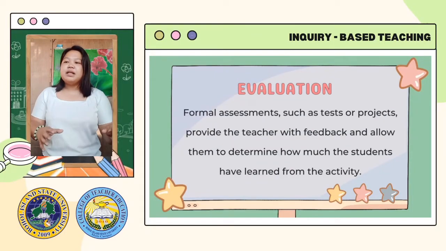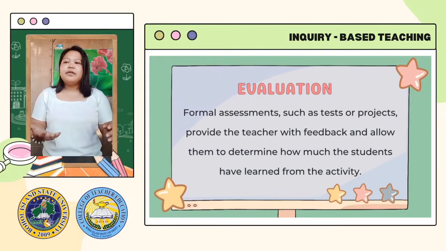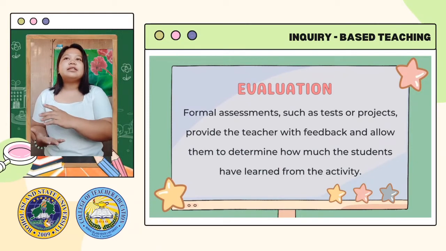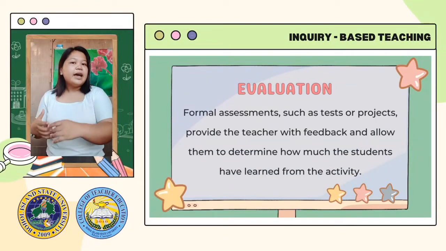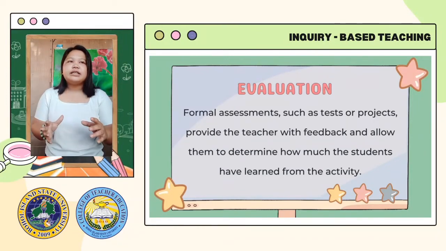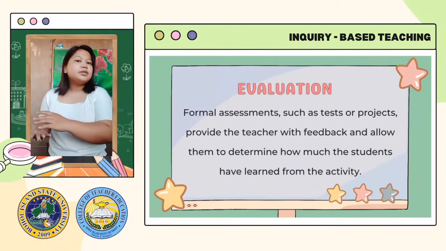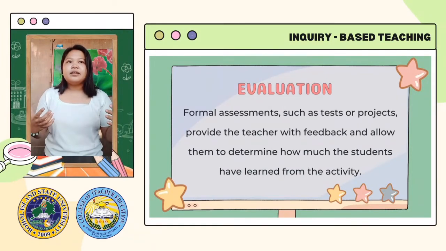Formal assessments such as tests or projects provide the teacher with feedback and allow them to determine how much the students have learned from the activity. So if the informal assessment and feedback may happen during the process of the inquiry learning, formal assessments happen after the inquiry learning. It's like the tests and projects that the teacher will give to the students after the lesson or after the discussions that they have done.